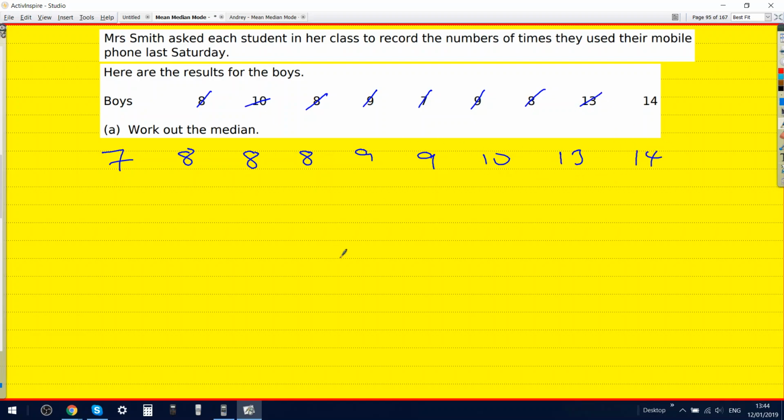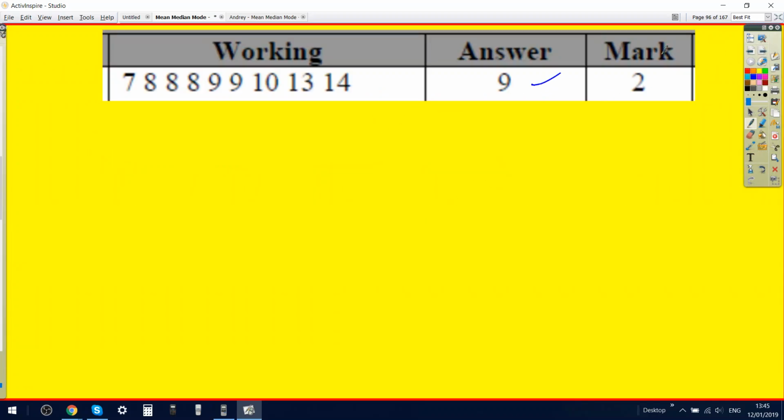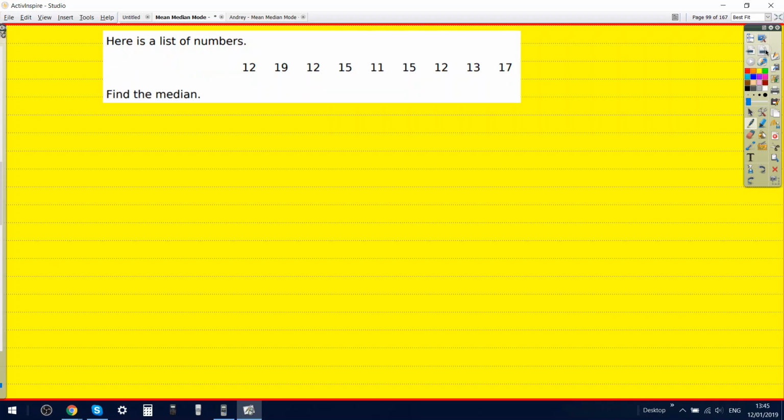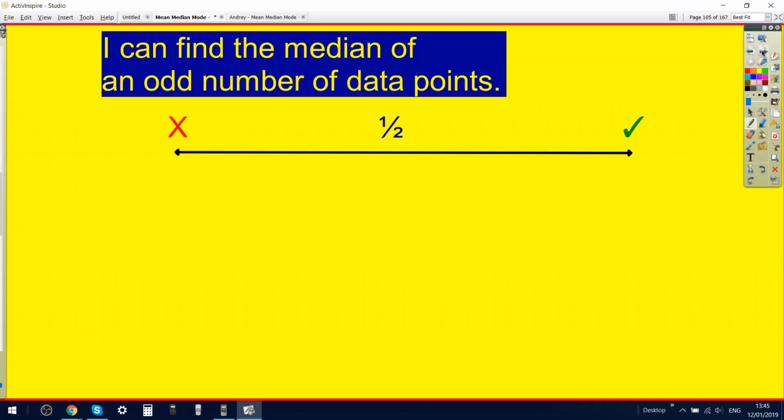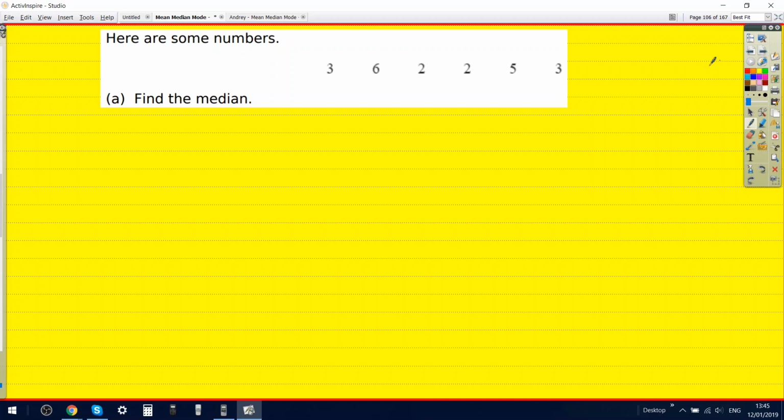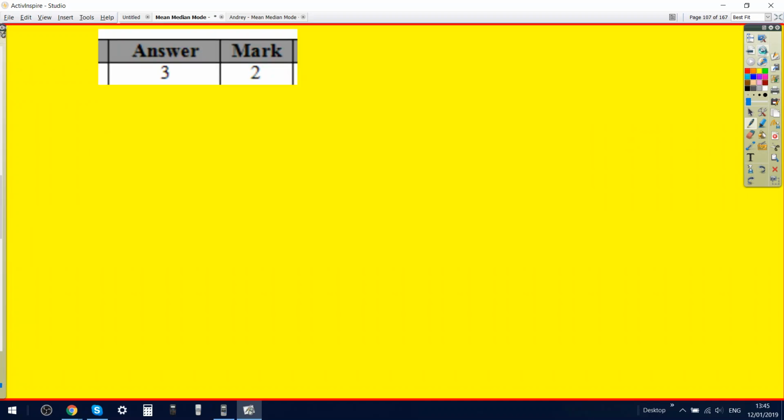And then the median would be 9. That's it. So you did that one. Fine, so you'll be fine for all of these. There's more numbers, 11 numbers, bigger numbers, just negative numbers. Yeah, this one? Okay, median. No, hold on.